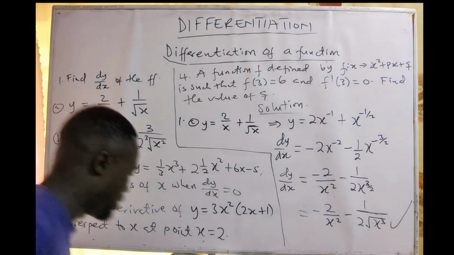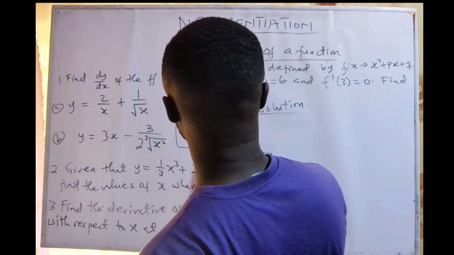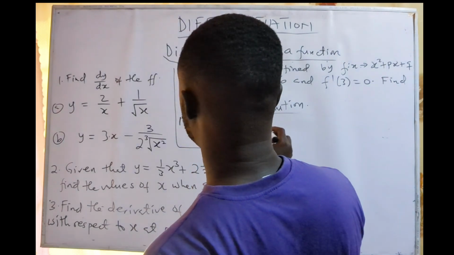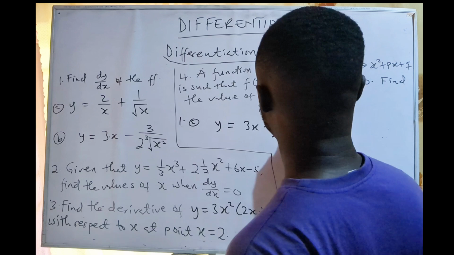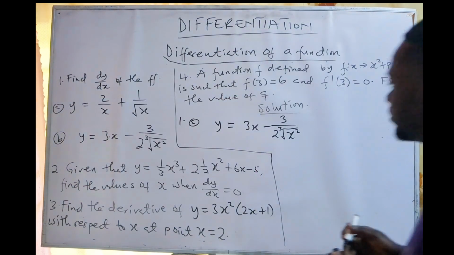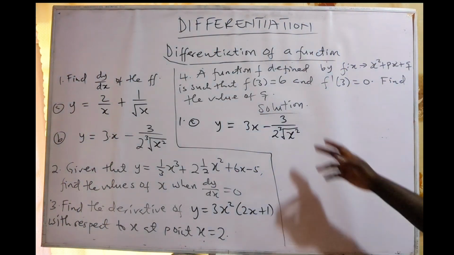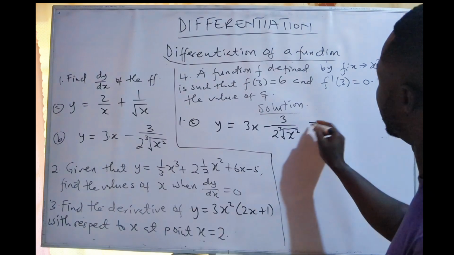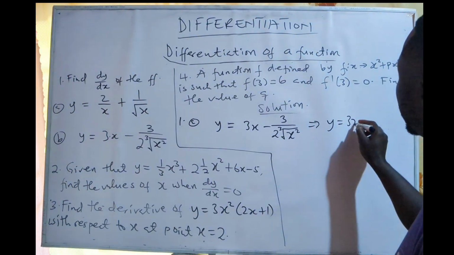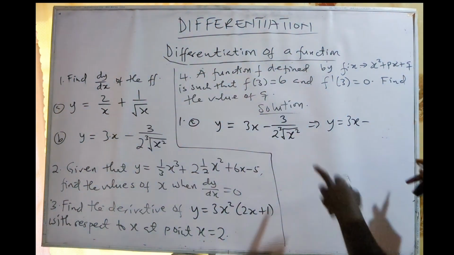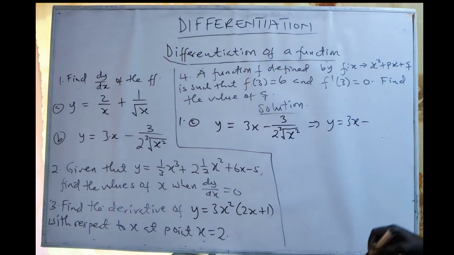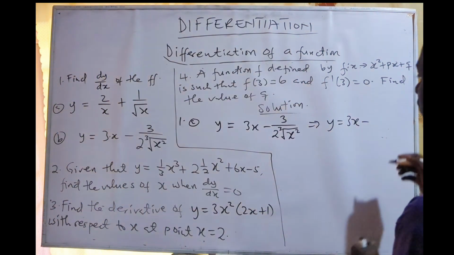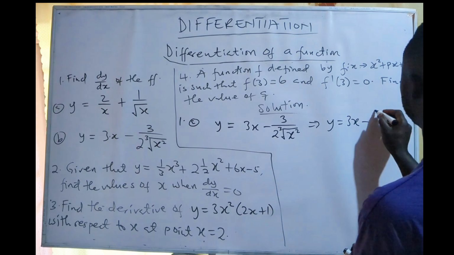Now let's go to the b. The b is y is equal to 3x minus 3 over 2 cube root of x squared. So we can write y is equal to 3x minus, we are going to take the x to be a numerator. So we have minus 3.